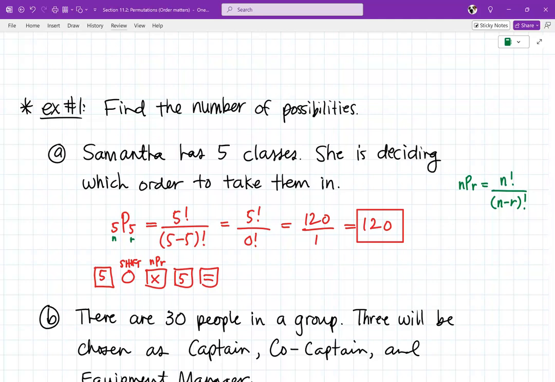Should it matter? Some of you were like, I don't care what the order is, right? And some of you were like, no, it matters to me, right? If it can matter to somebody, then it's a permutation.